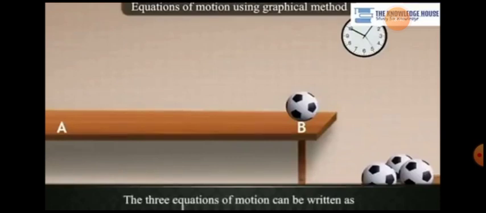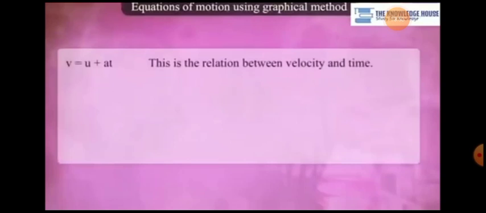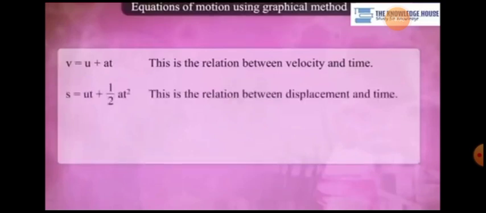The 3 equations of motion can be written as v = u + at. This is the relation between velocity and time. s = ut + (1/2)at².